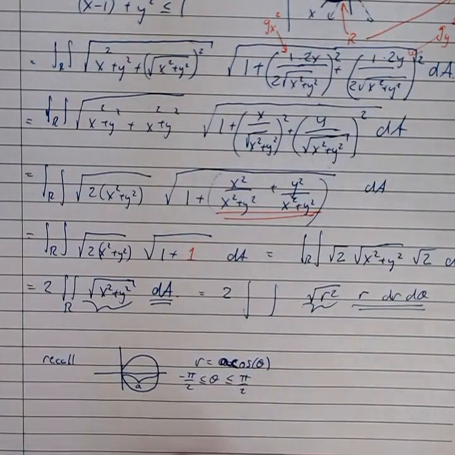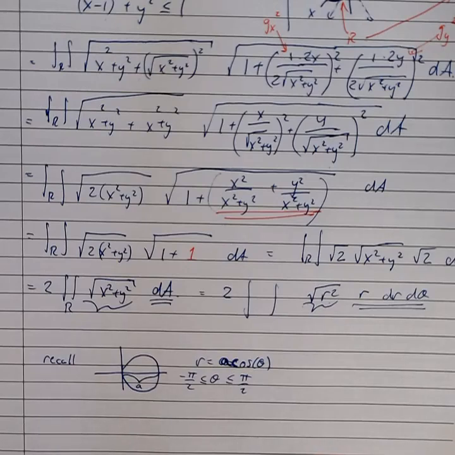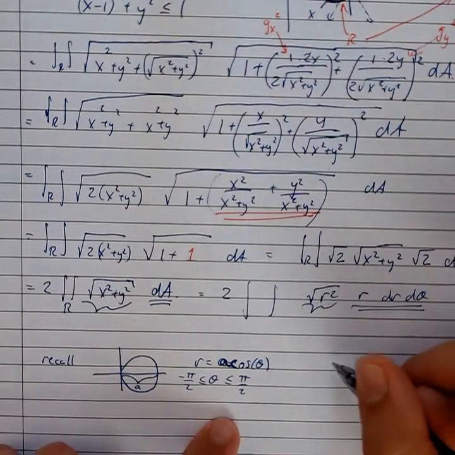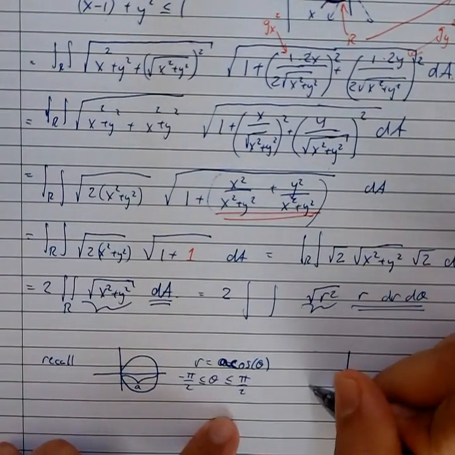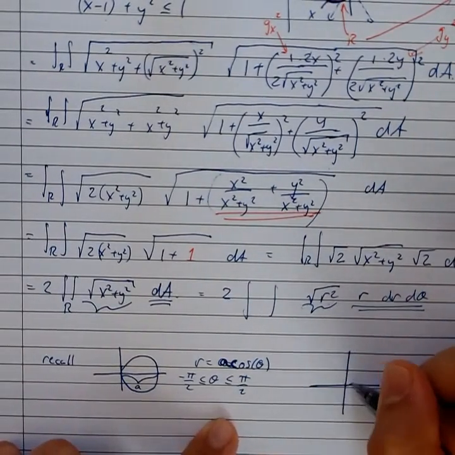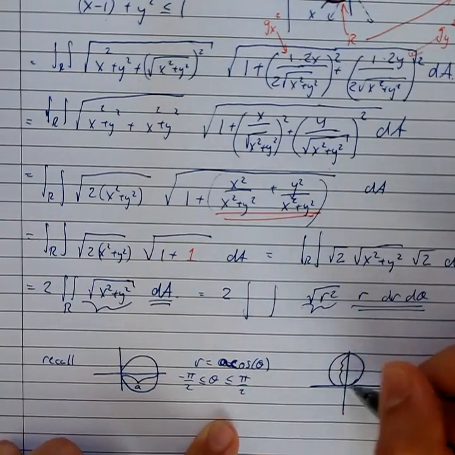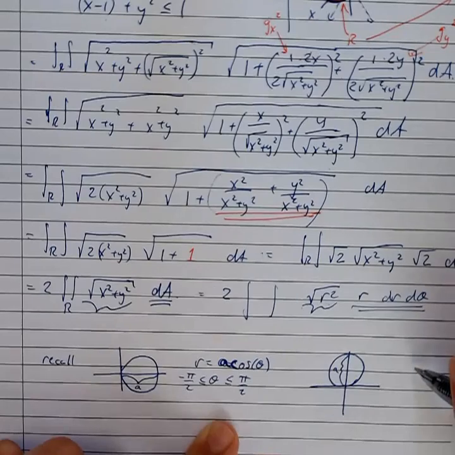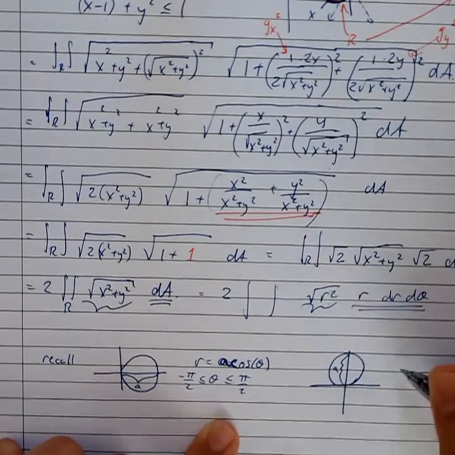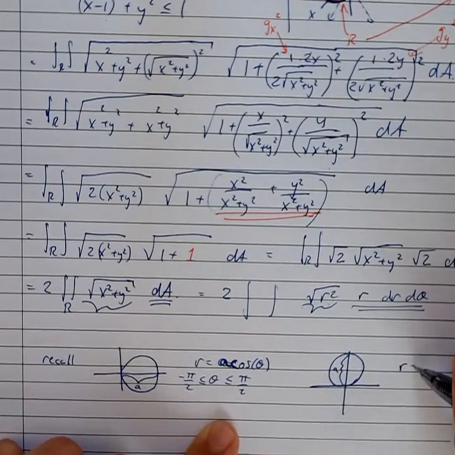This is something you see at the end of trigonometry and at the end of Cal 2 as well, so it may not be super fresh in your mind. Also, in case it comes up, if you have a circle centered somewhere on the y-axis aside from the origin, again, you measure the diameter, that's A, and the equation to this is r equals A times the sine of theta.